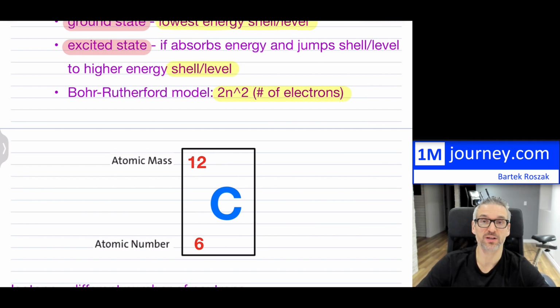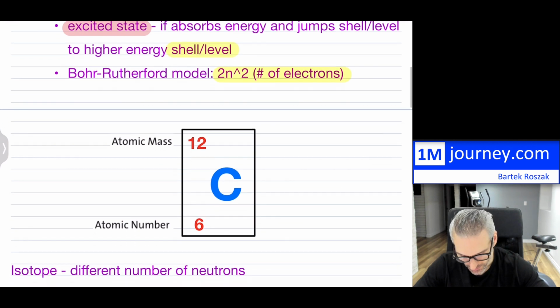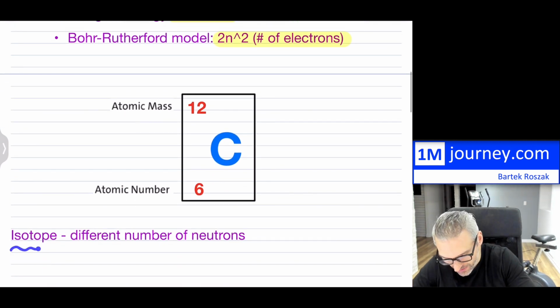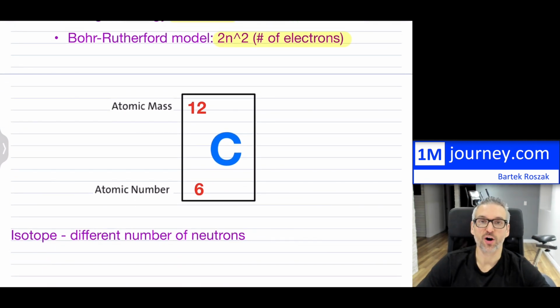Sometimes in the nucleus the number of protons won't change, but the number of neutrons may change. And the number of neutrons that you have starts to tell us about the different isotopes of that particular element. So for that atom, inside of the nucleus, how many protons and neutrons do you have?